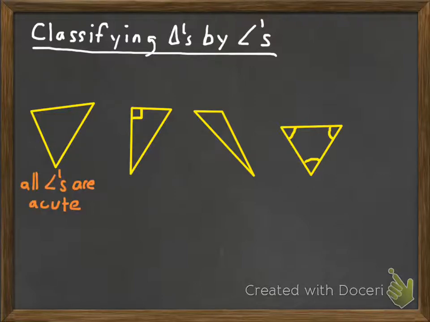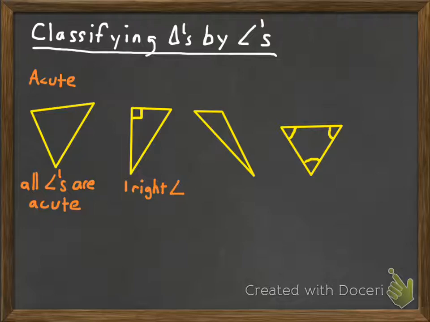Alright, so what I said a moment ago is that all the angles in this first triangle are acute angles, and when all the angles in a triangle are acute, it's called an acute triangle. Alright, in the second triangle, there is one right angle.